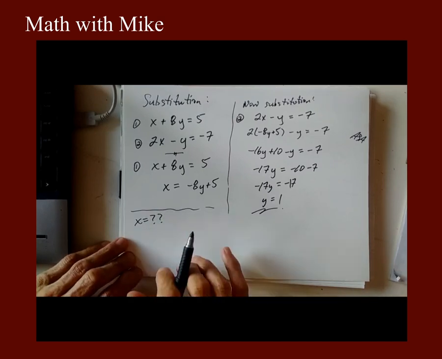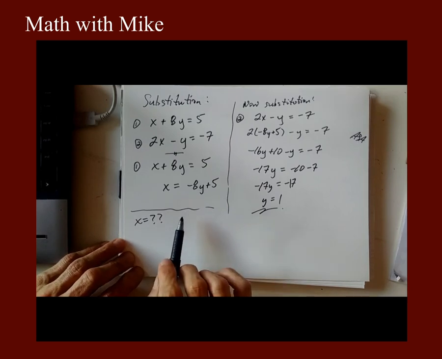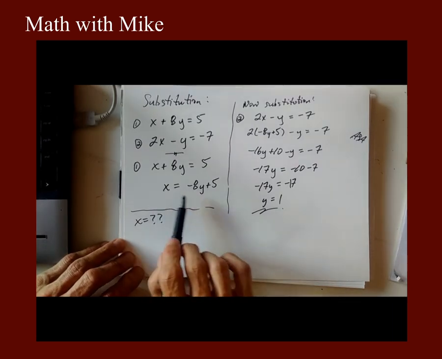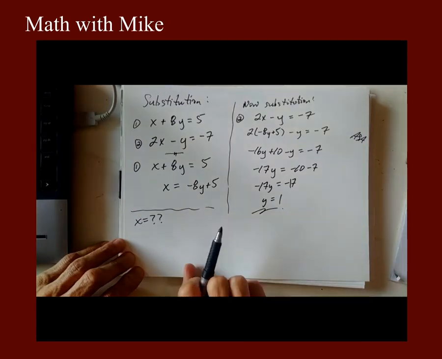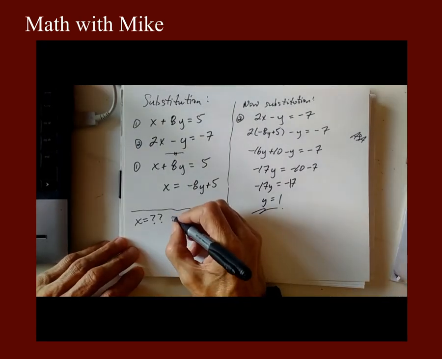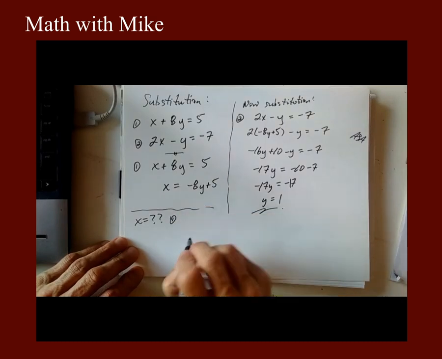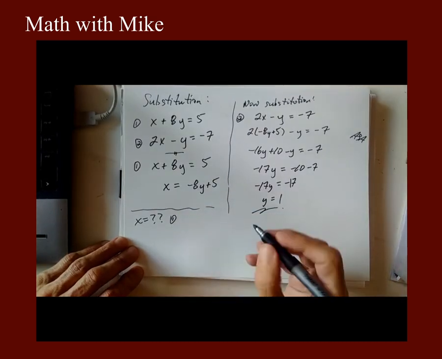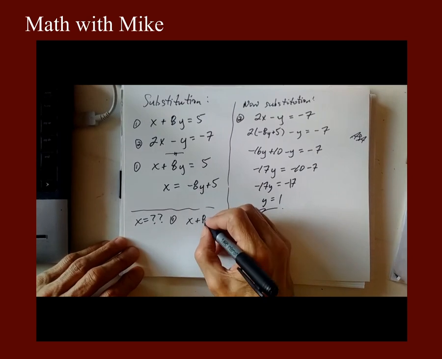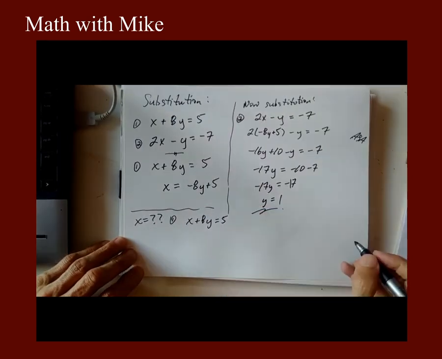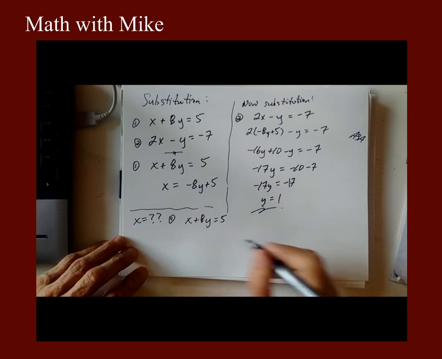But in a way, I'm seeing this as a little lost inside the answer. So I'm going to go back to the original one. I'm going to choose number 1. Why? I think, as you know by now, just because.